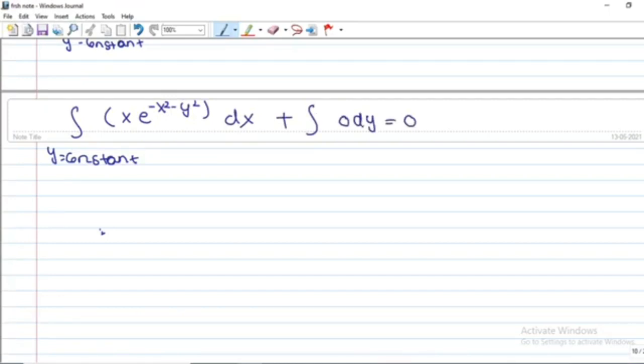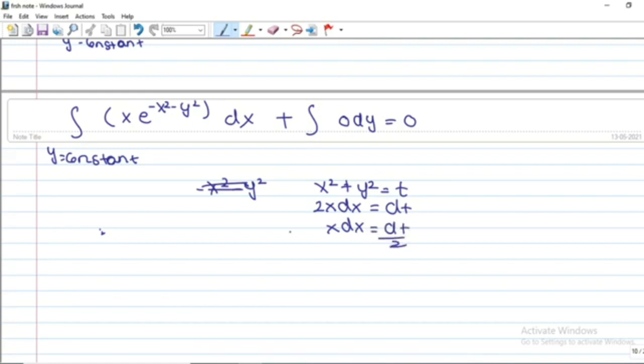You can clearly make out there is only one thing. So if we do one thing, let's take x square plus y square as t. So we are going to get 2x dx is equal to dt. So x dx is nothing but dt by 2.